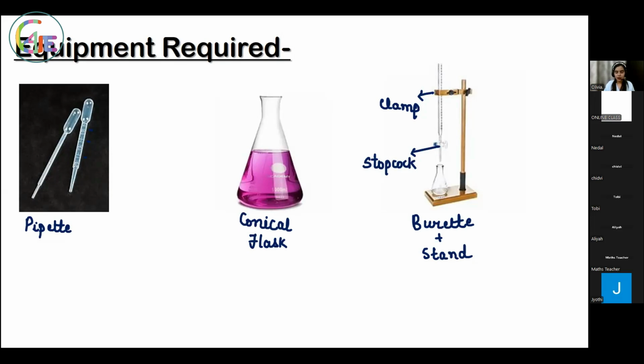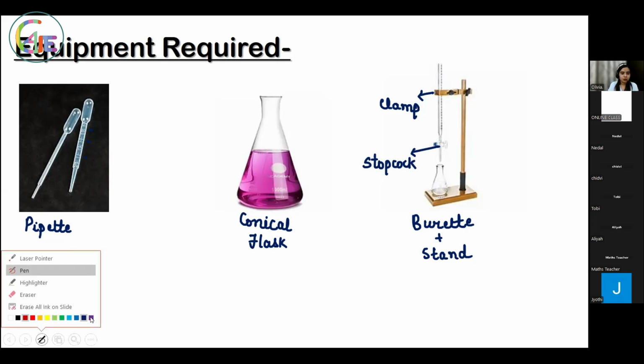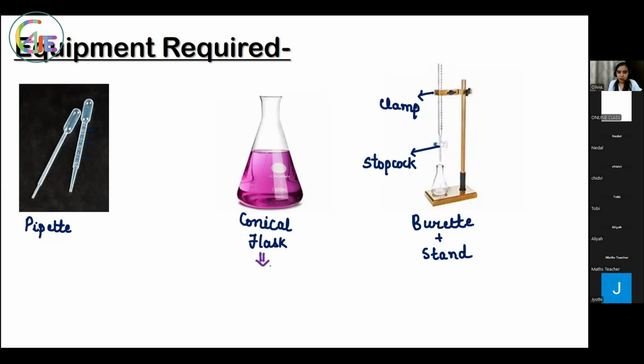So let me tell you what exactly we are going to contain in each of them. Those who are a little confused and are not giving me answers right now, just write it down so that it can help you the next time you do this topic.